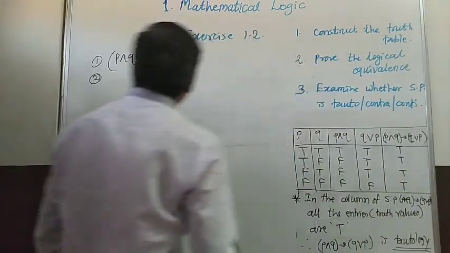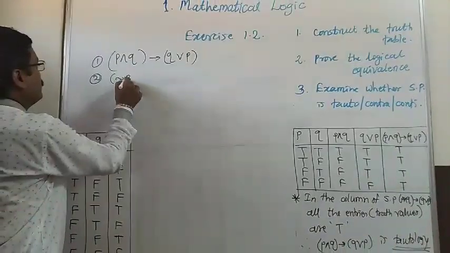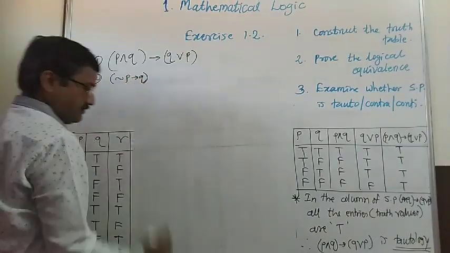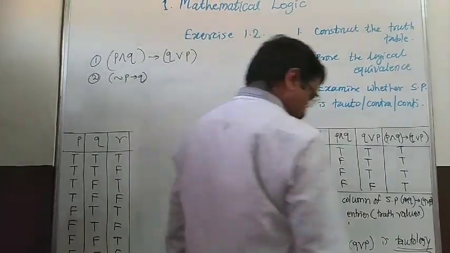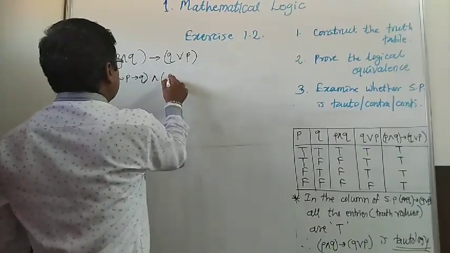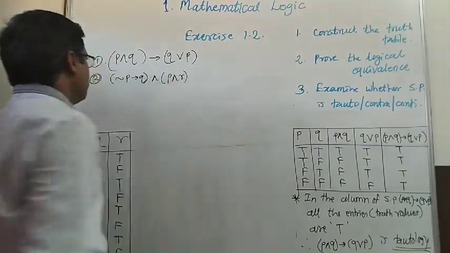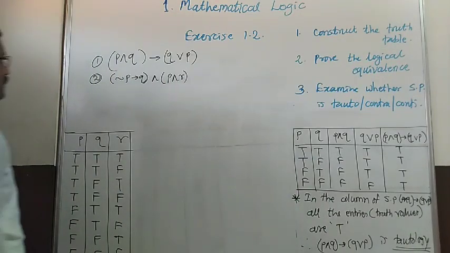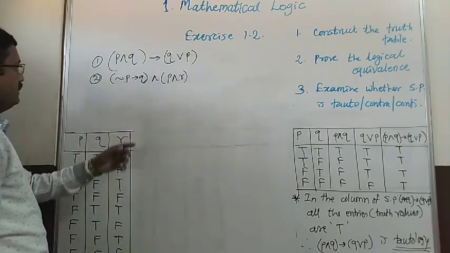Negation P implies Q, and P and R. So basically, we have taken these three columns.